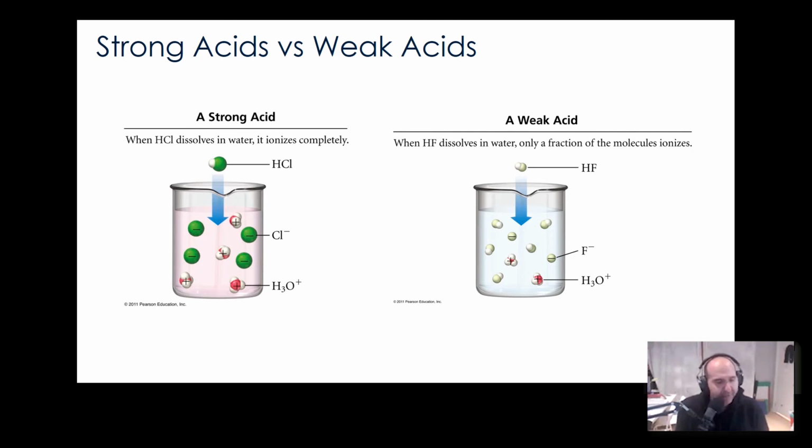But if I have HF in water, you'll see that mostly I have molecules of HF left. They're unionized, they stay together, and only a little bit of it ionizes to give me H3O plus and F minus. So that's the difference between a strong acid and a weak acid: strong acids ionize completely, weak acids ionize a little bit. And what we're going to look at now is, why does this happen?